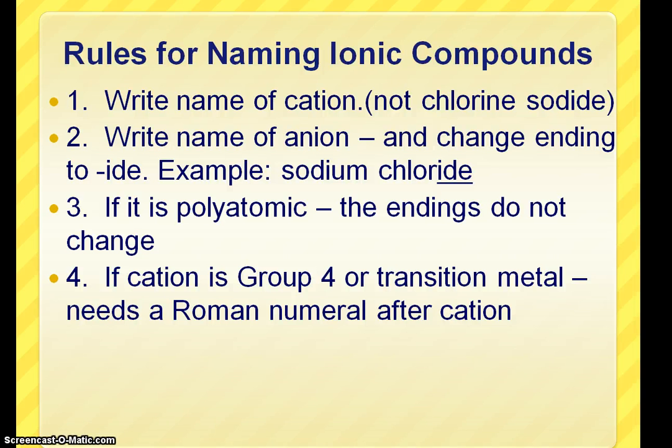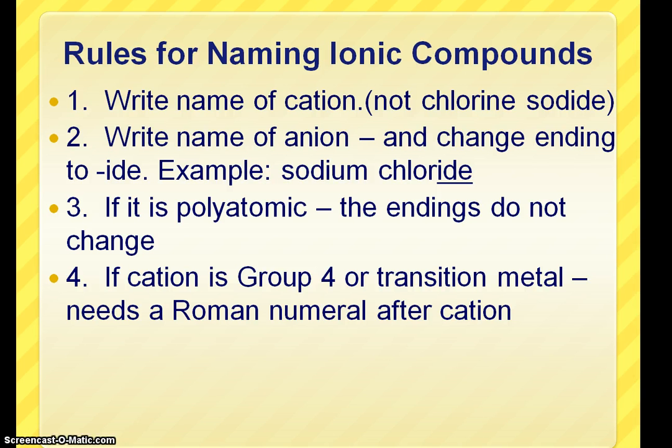When we write the names, we're going to write the cations first. Cations are the positive ions, and they're going to keep their name. Anions go second, and we're going to change the ending to IDE. So for example, chlorine will become chloride. If you have a polyatomic ion, so those are the extensive list on the back of your common ion charges sheet, the endings are going to stay the same.